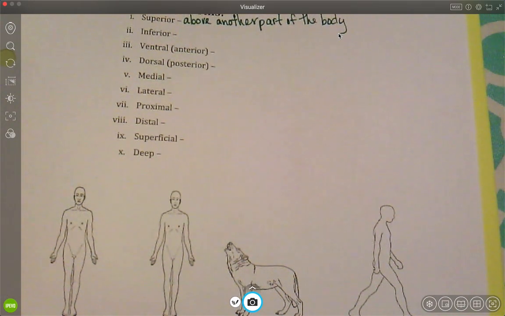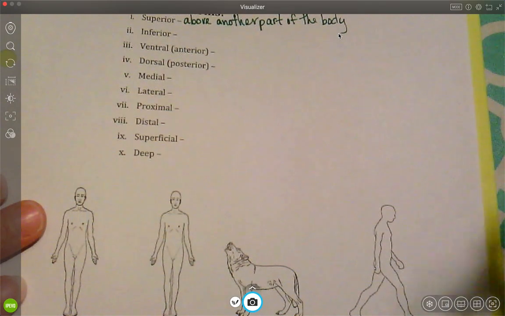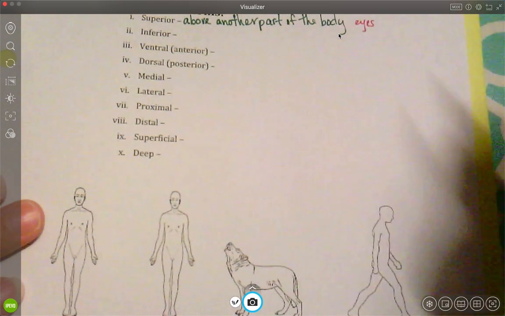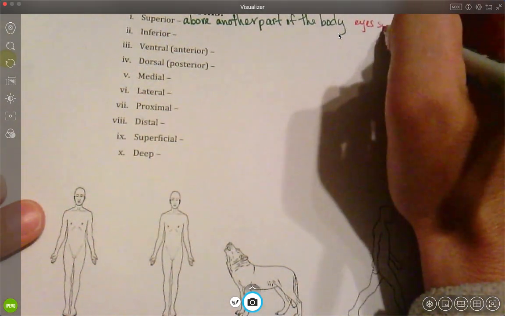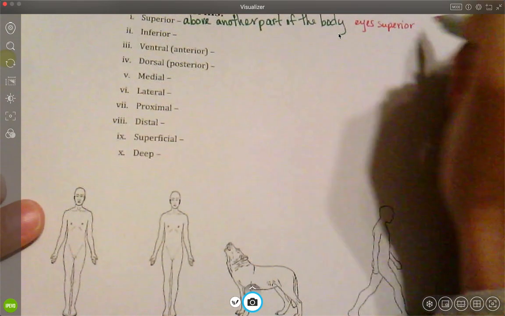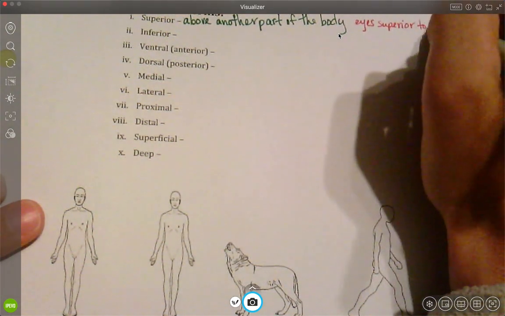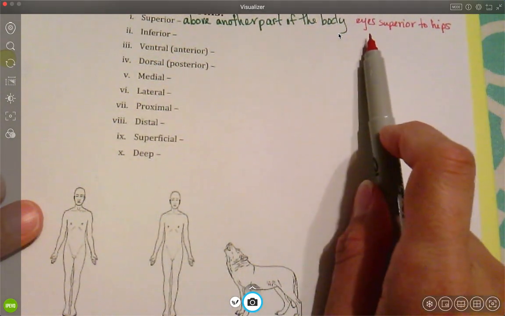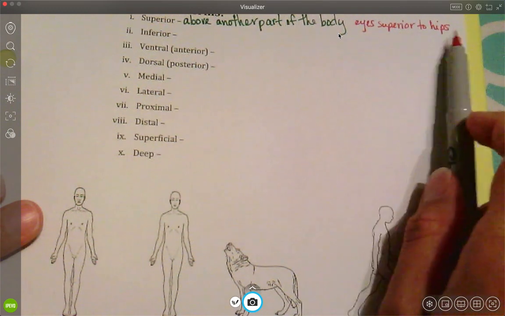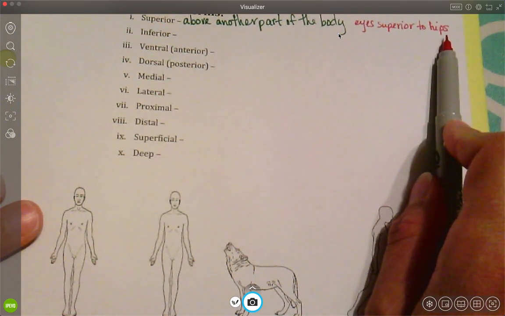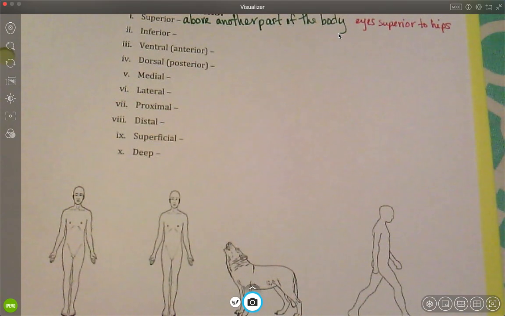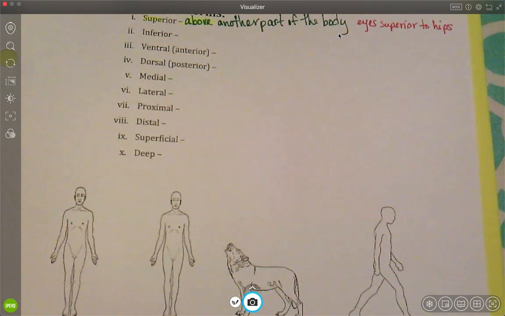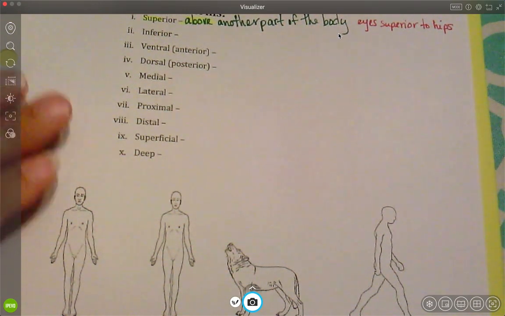So let's do an example so that we understand. So we would say the eyes are superior to the hips. If I was talking to a first grader, I would say the eyes are above the hips. Okay? Med-term, super, and above. So we start using our med-term and understanding it.